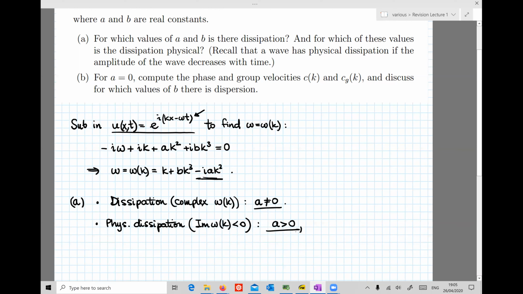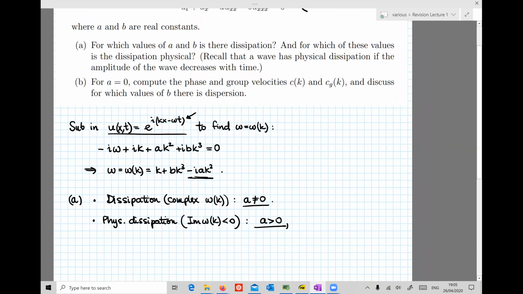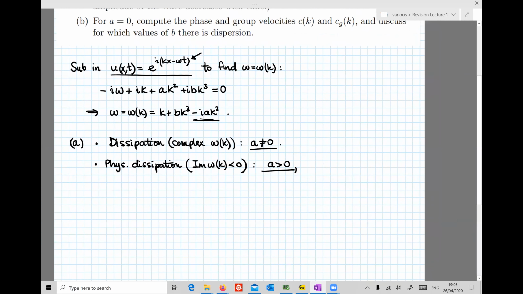Just as a check, let's verify that when a is positive, the amplitude of the wave decreases with time.